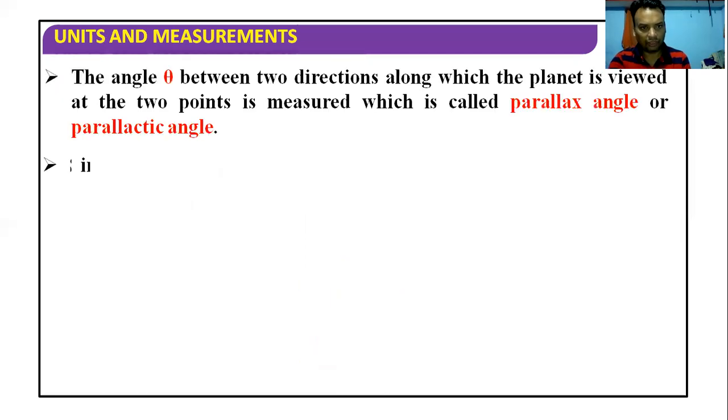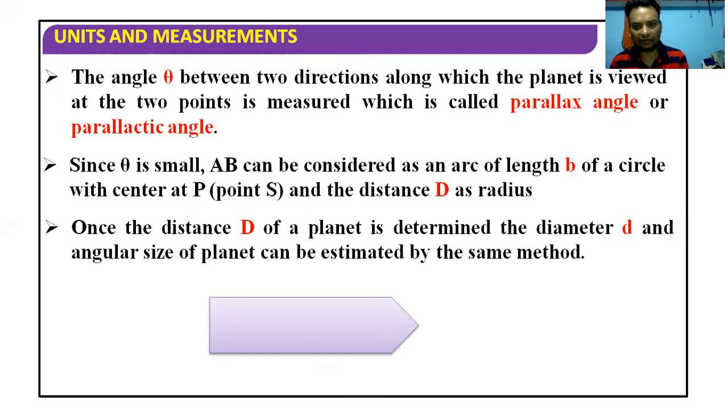Now this theta is called the parallax angle, and we can find that b is equal to D theta. So very easily, the distance of the Sun from the Earth, D, is equal to b upon theta. Note this angle theta is called the parallax angle. It is also called the parallactic angle, and b is small in comparison to D, so b can be treated as an arc.